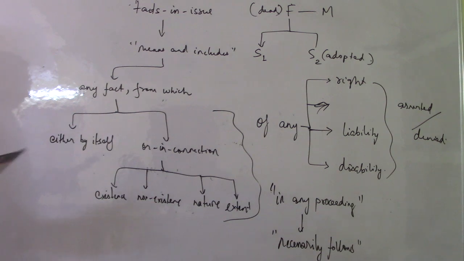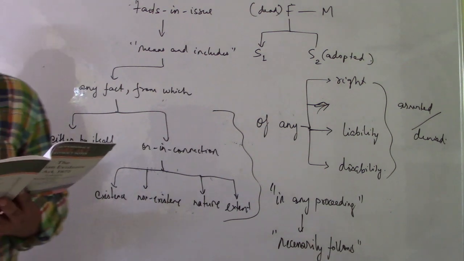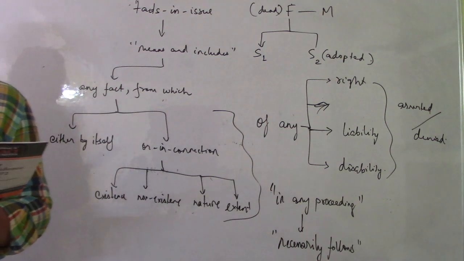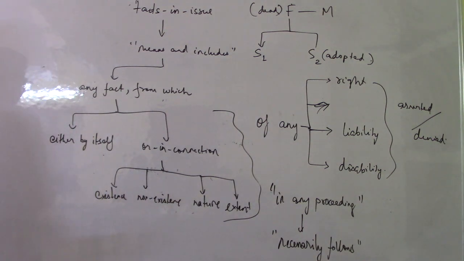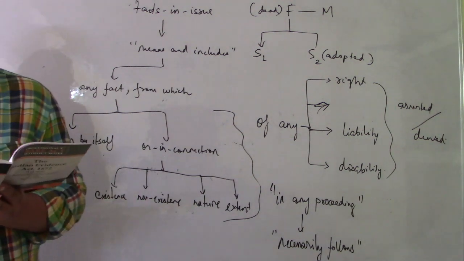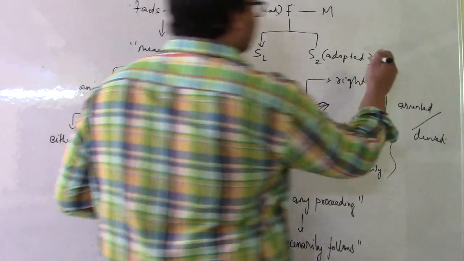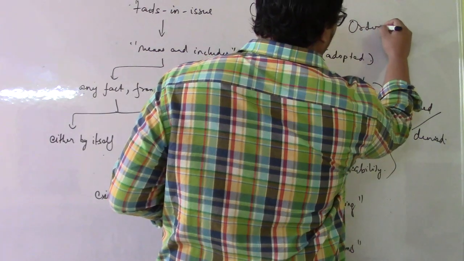Whenever under the provisions of the law for the time being in force relating to civil procedure, any court records an issue of fact, the fact to be asserted or denied in the answer to such issue is a fact in issue. Now, over here when it says under the provisions of the law for the time being in force relating to civil procedure, it is talking about nothing else but Order 14 Rule 1.